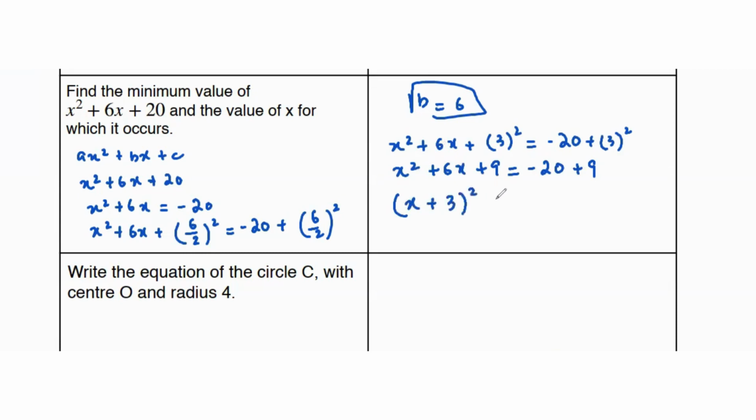So (x plus 3) whole squared equals negative 11. So (x plus 3) whole squared minus 11 is your equation. The value of x where its minimum is, is x equals negative 3.